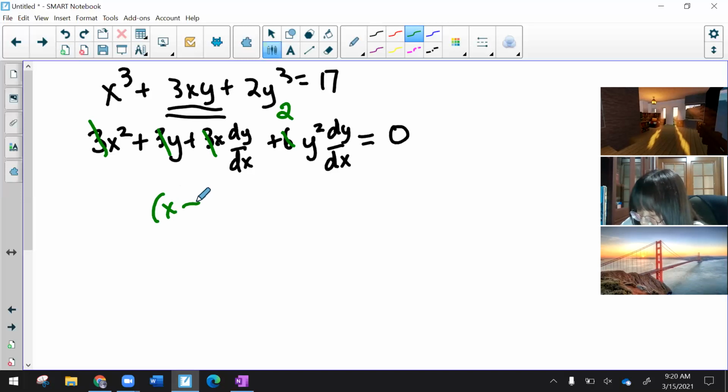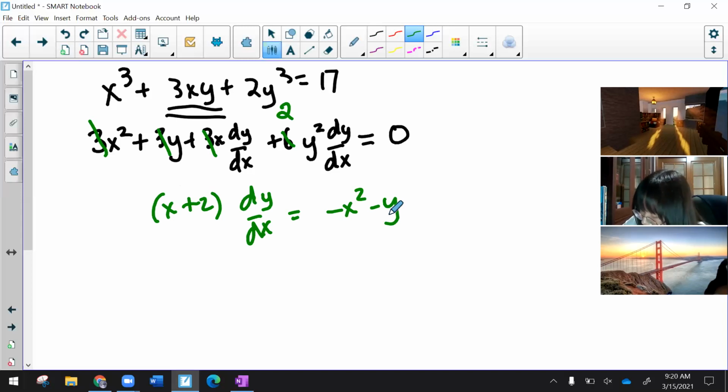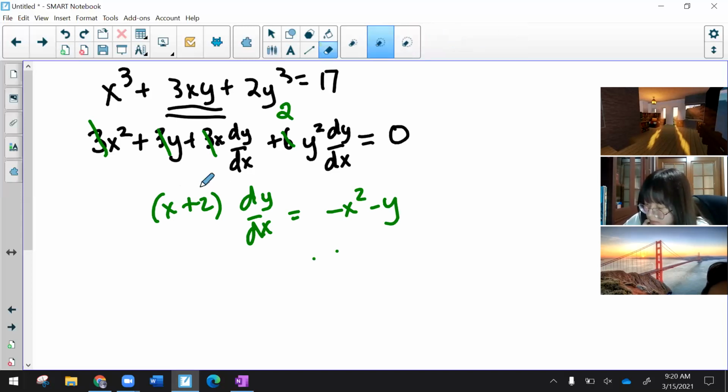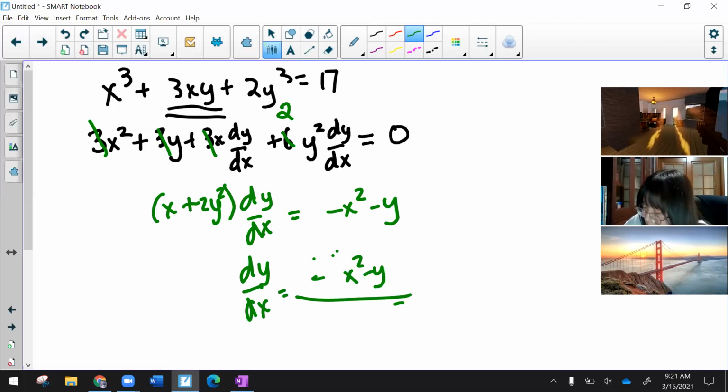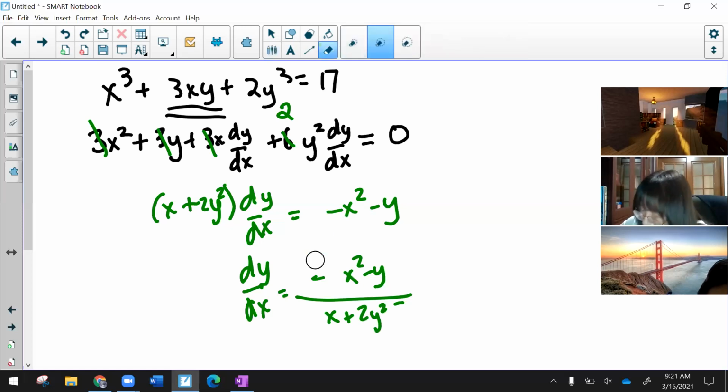So basically, I've got x plus 2 times dy dx is equal to negative x squared minus y. Sorry, that should be 2y squared. Or dy dx is equal to negative x squared minus y all over x plus 2y squared. Okay.